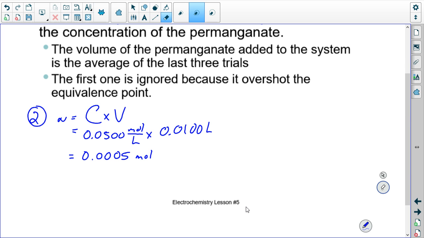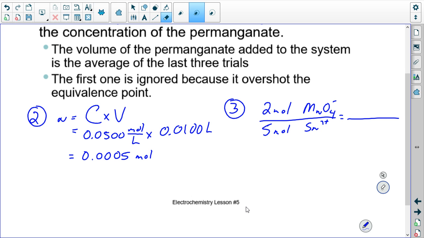Step 3, use our mole ratio to find the number of moles of what we need. So our mole ratio was 2 moles of the permanganate to 5 moles of the tin 2. We have 0.0005 moles of the tin 2.